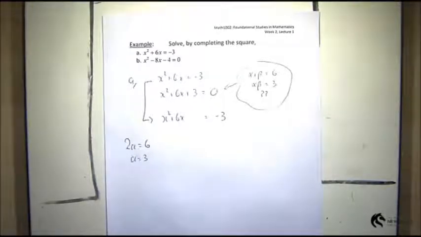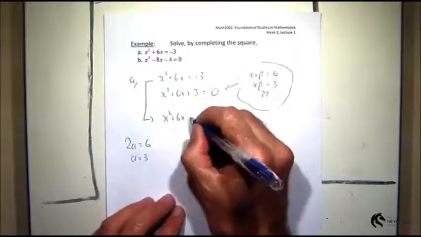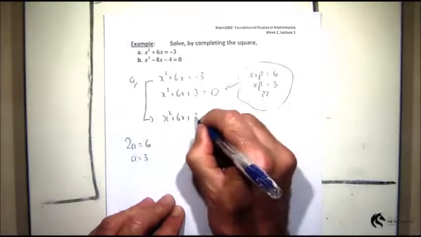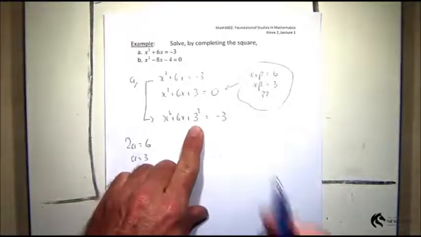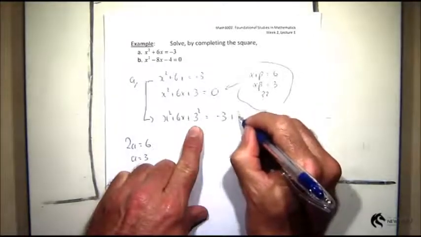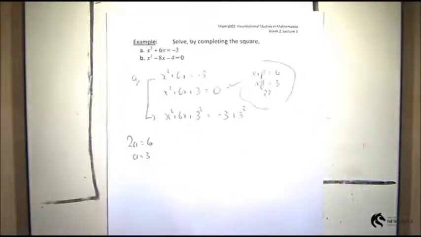Now for this to be a perfect square, I have to add on 3 squared in here. But excuse me, I just can't add that willy-nilly. So if I add 3 squared to that side, I've also got to add 3 squared to that side.